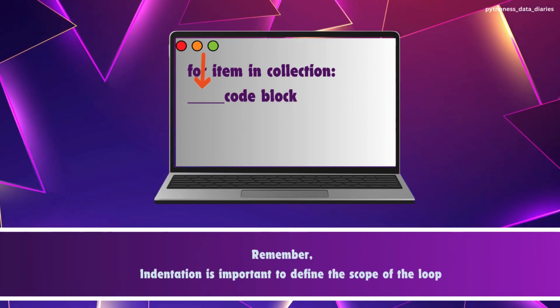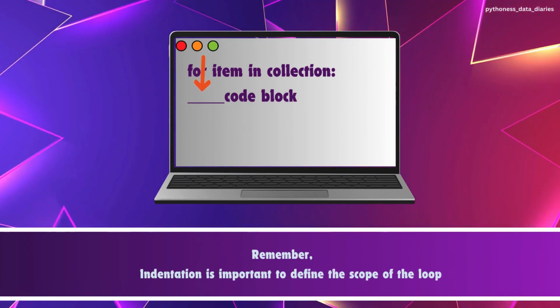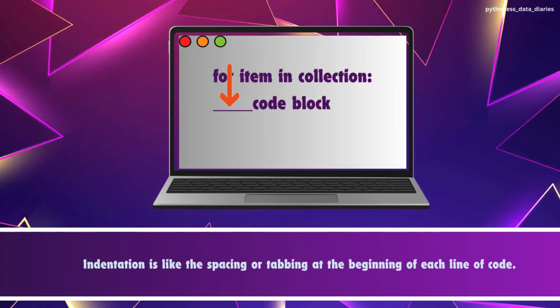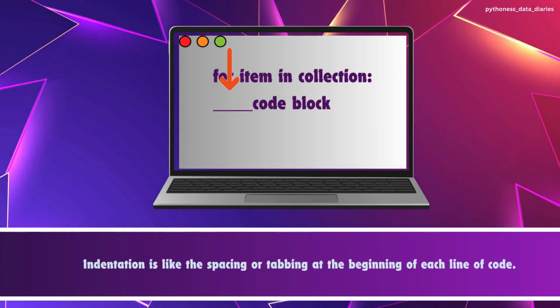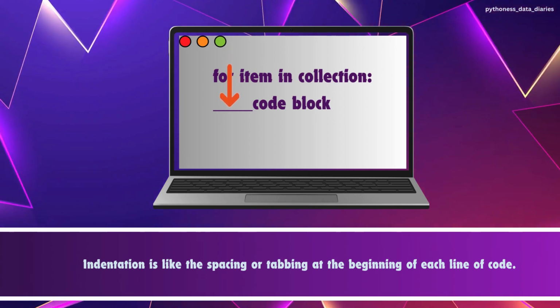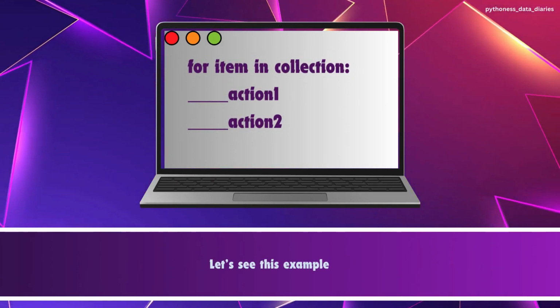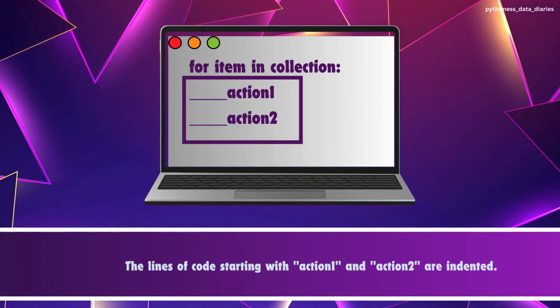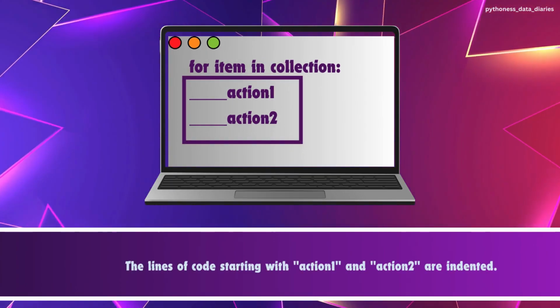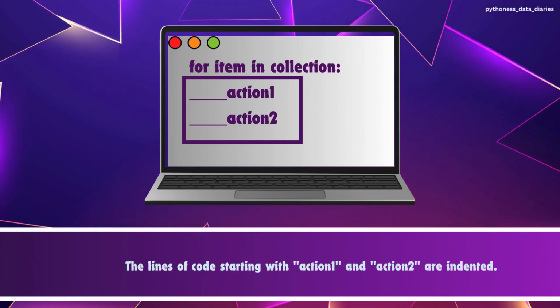Remember, indentation is important to define the scope of the loop. Indentation is like the spacing or tabbing at the beginning of each line of code. Let's see this example. The lines of code starting with action 1 and action 2 are indented.